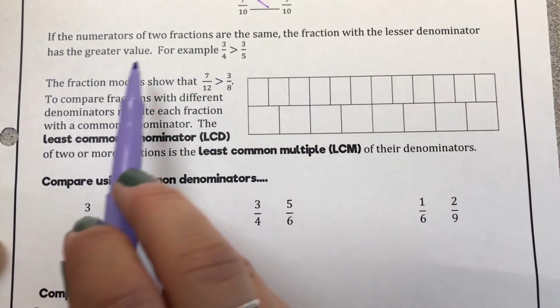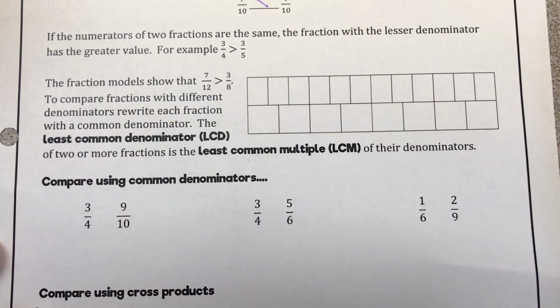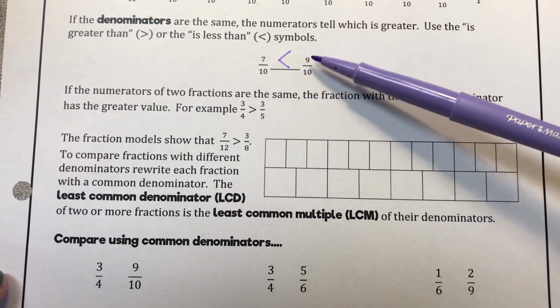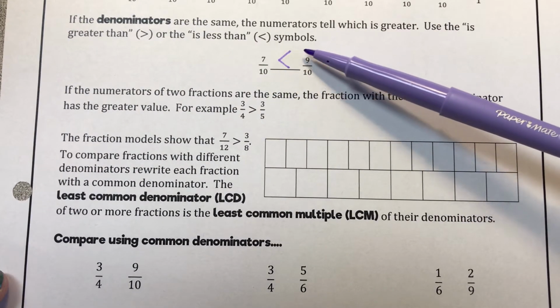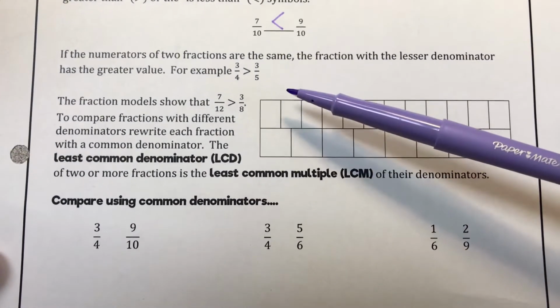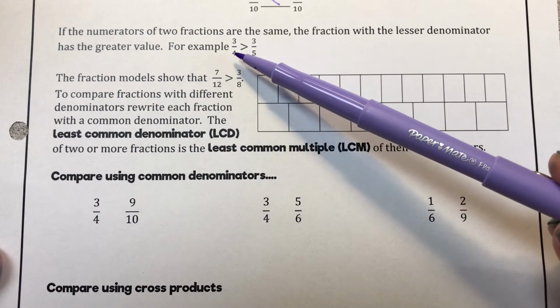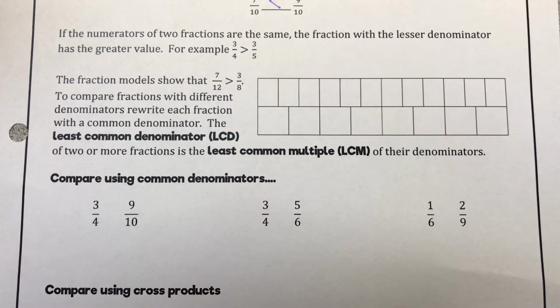If the numerators of the two fractions are the same, the fraction with the lesser denominator has the greater value. Okay, so up here, they had the same denominator, right? So the bigger numerator was your answer. If they have the same numerator but different denominators, the smaller denominator is going to be the bigger number.